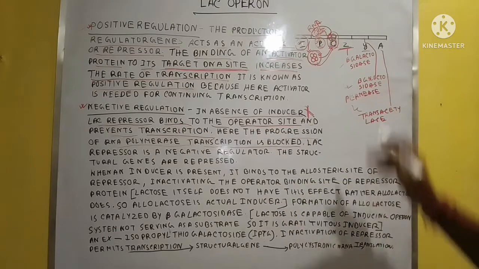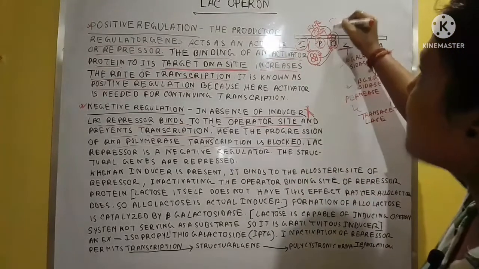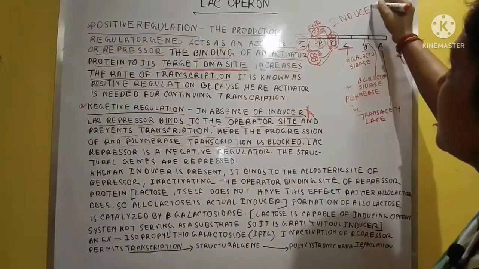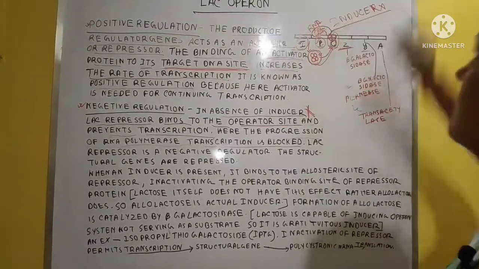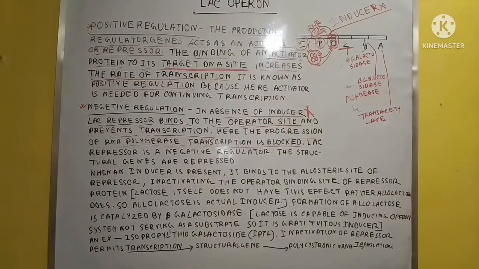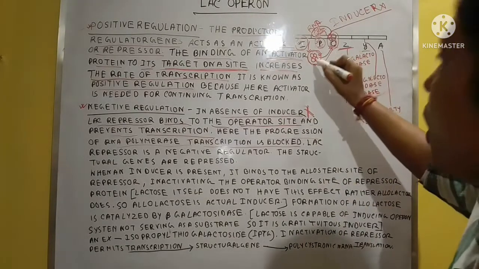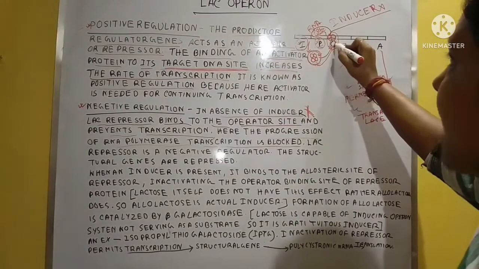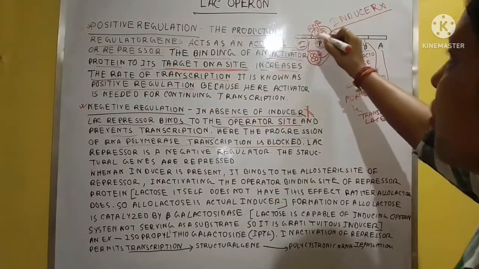So what happens if the inducer is absent? Understand clearly: the inducer is absent. That means the repressor protein binds to the operator and blocks the progression of the RNA polymerase.